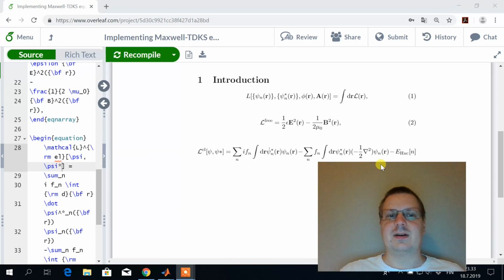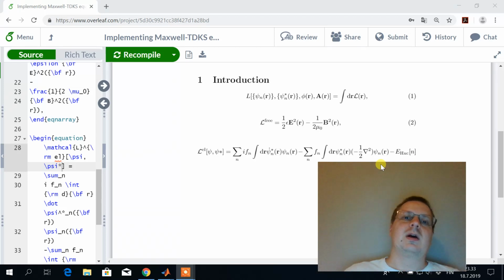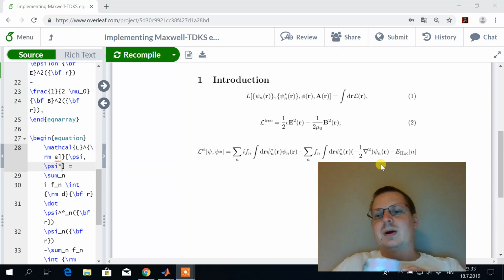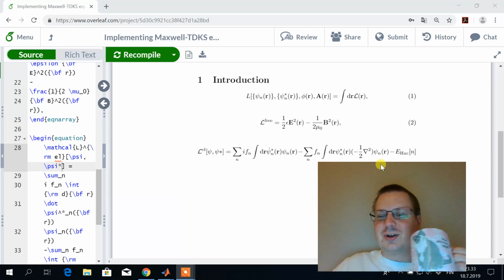Just to clarify, we're not going to do density functional theory of the Maxwell equations of the photon field, so we don't have any photon densities or anything like that. We just want to couple them at the Hartree level. We might get to that, but not within the scope of 10 hours.